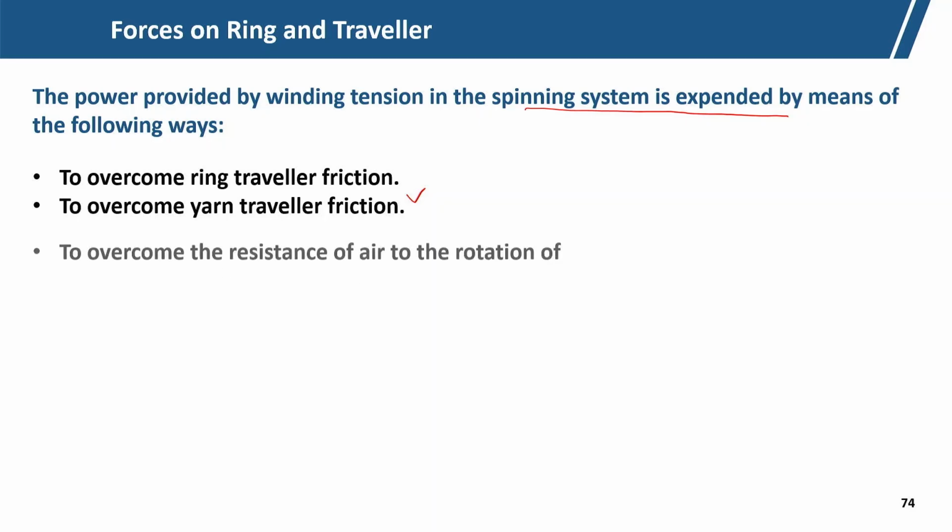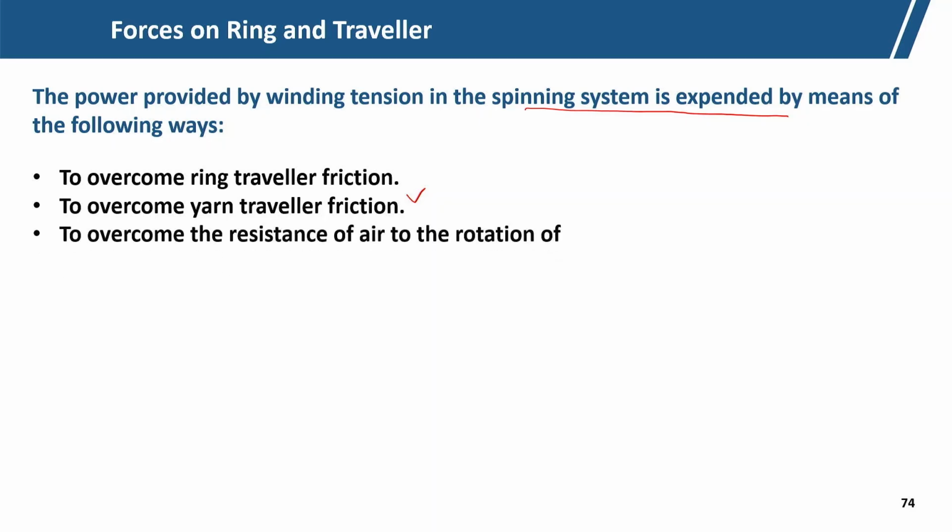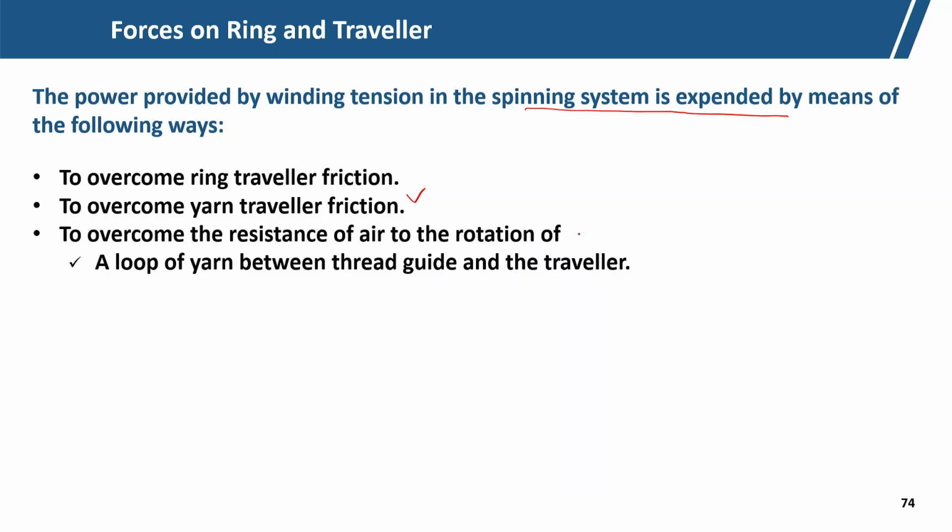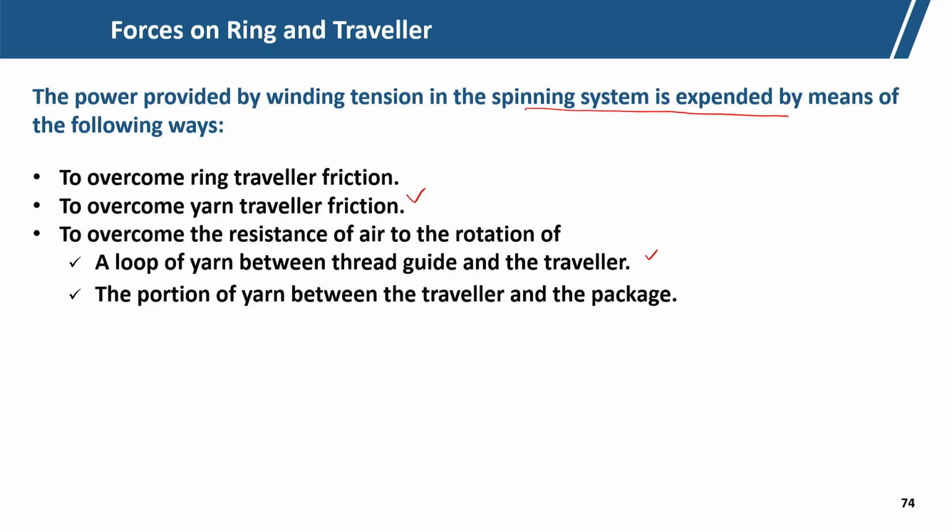It must also overcome the resistance of the air to the rotation of the loop of yarn between the thread guide and the traveler, that is the yarn balloon air drag force, and the portion of yarn between the traveler and the package.